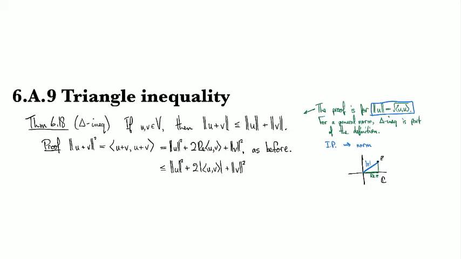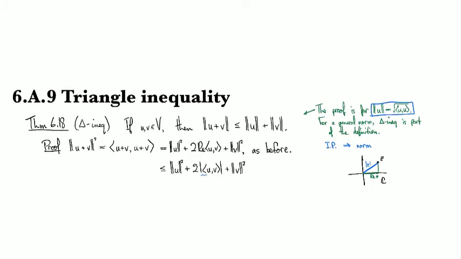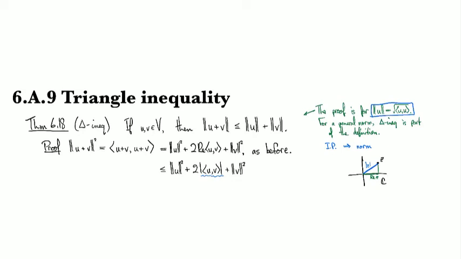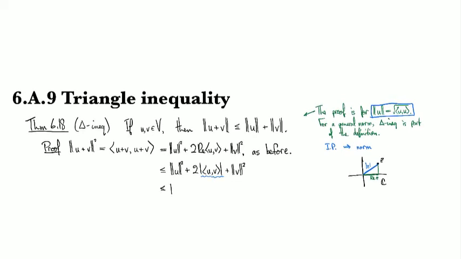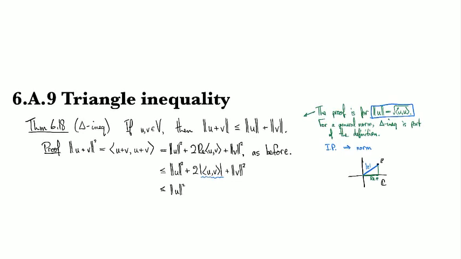So now we can use Cauchy-Schwarz to say that this part here is less than or equal to the product of the magnitudes.